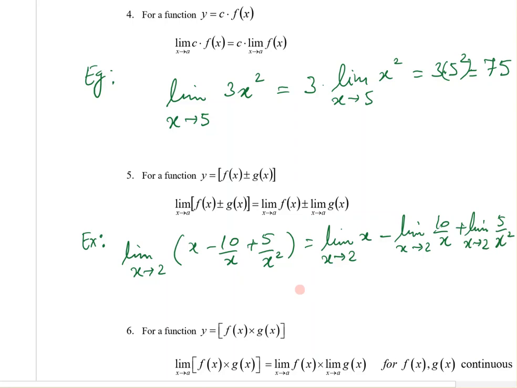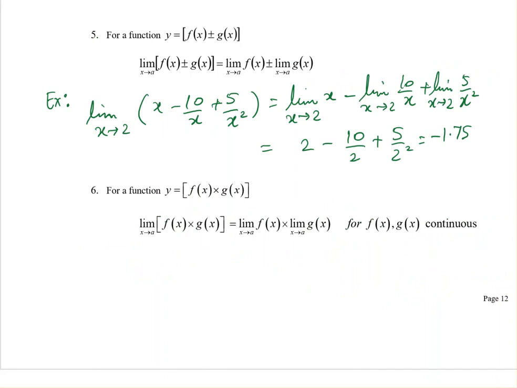In this case we get 2 minus 10 over 2 plus 5 over 2 squared. So overall we get negative 1.75. So the limit of a sum is equal to the sum of limits.